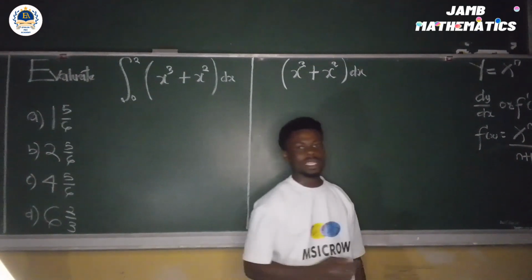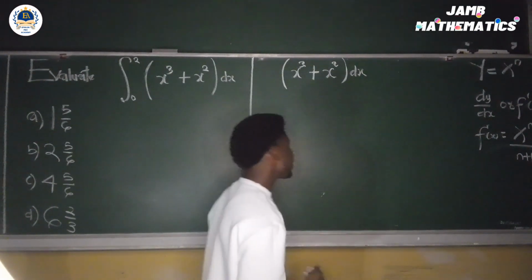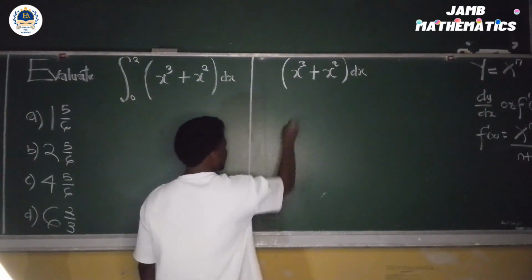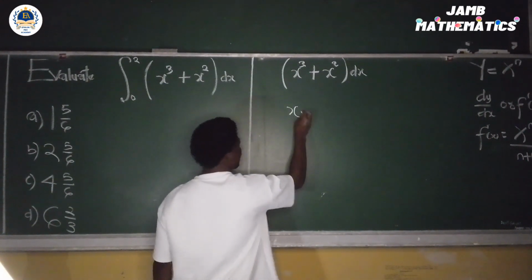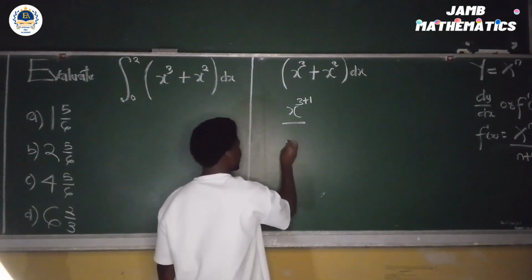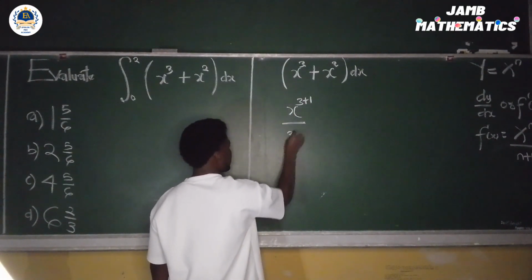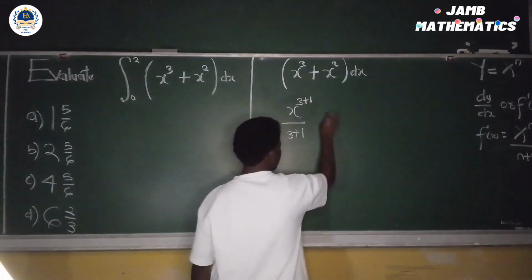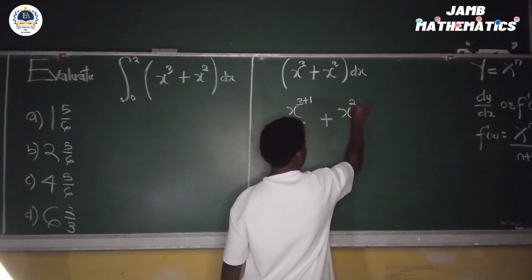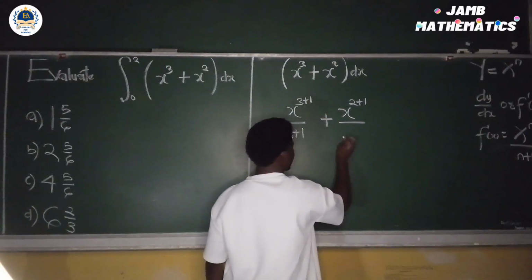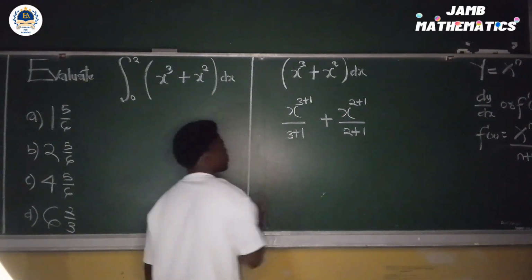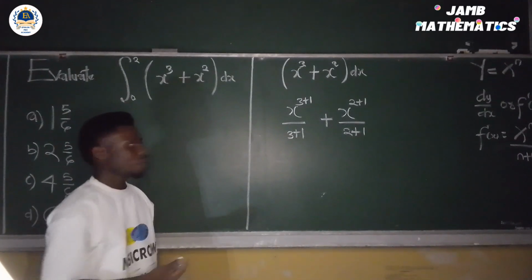So we are going to apply these principles to integrate the respective terms on the board. So it becomes x raised to the power of 3 plus 1, all divided by 3 plus 1, plus x raised to the power of 2 plus 1, all divided by 2 plus 1. This is the first thing we must obtain.